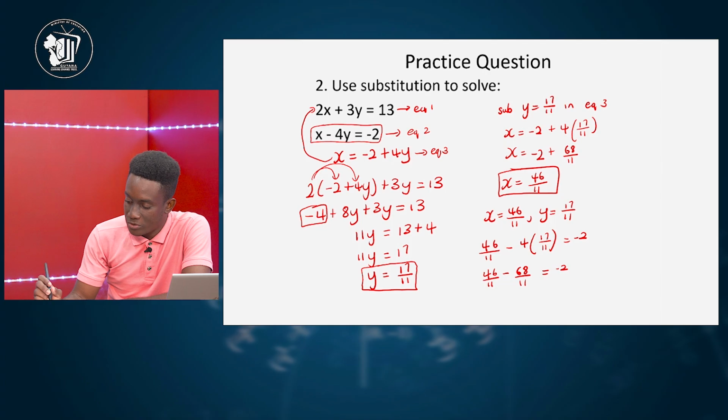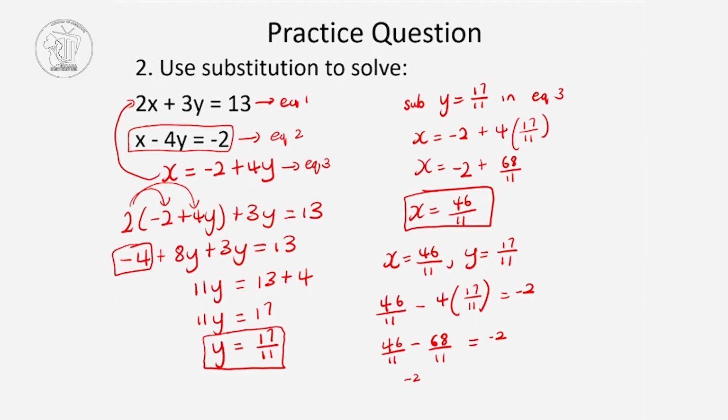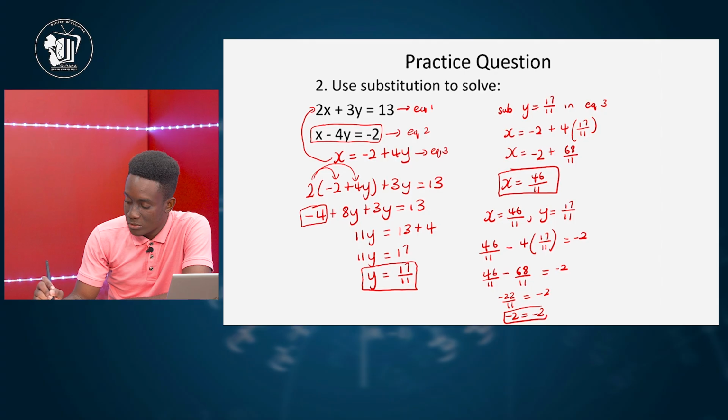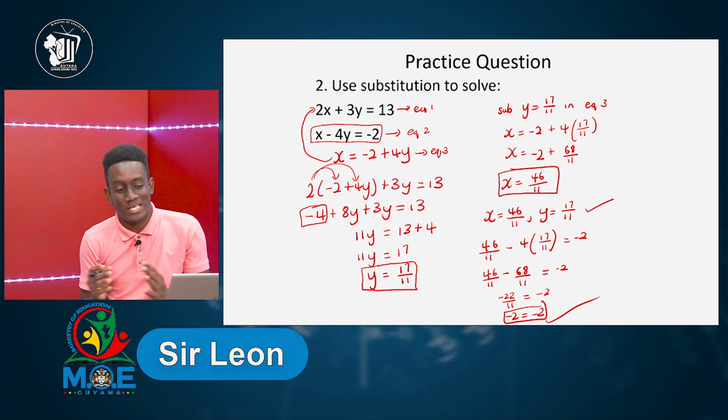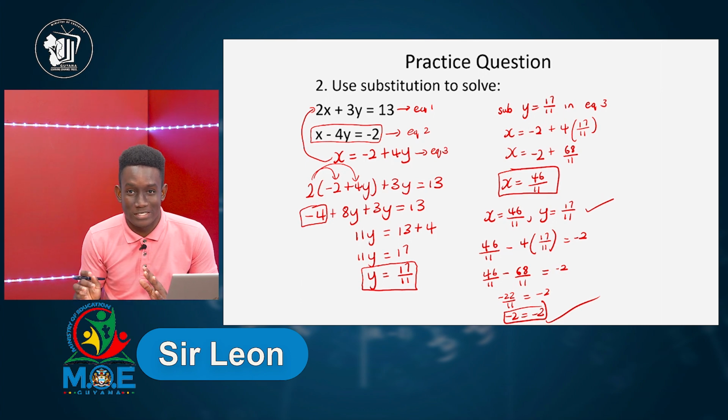So 46 subtract 68 will give us negative 22 over 11, and that should be equal to negative 2. So negative 22 divided by 11 gives us negative 2 is equal to negative 2. So that checks out, so we know our answer that we got initially is 100% correct, and we got all of our marks. And that is how you check.